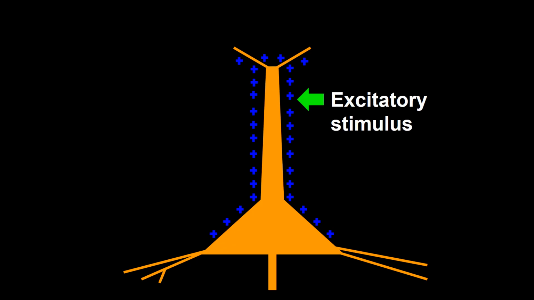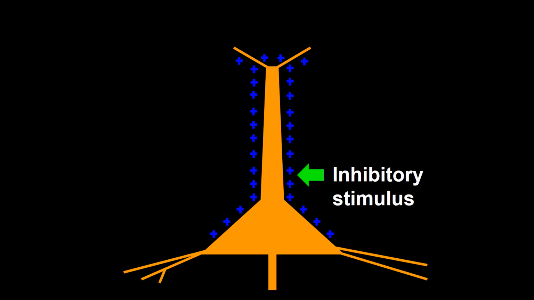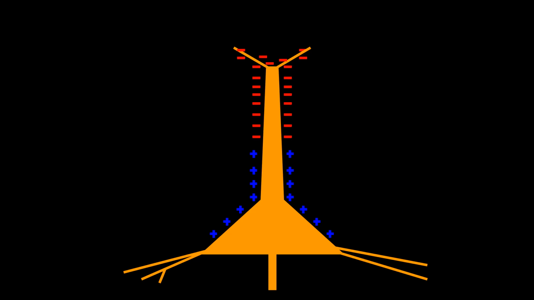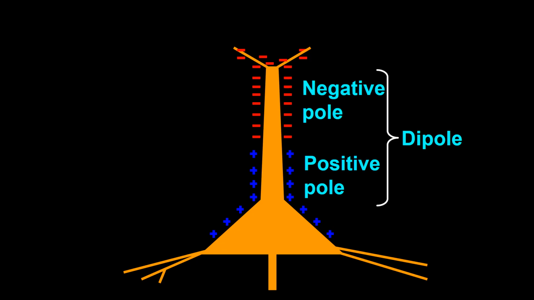If the distal portion of the dendrite is subject to a large enough excitatory stimulus, or if the proximal portion of the dendrite is subject to a large enough inhibitory stimulus, the extracellular region adjacent to the distal portion of the apical dendrite will turn negative, thus creating a dipole between the negative distal portion and the positive proximal portion of the dendrite.